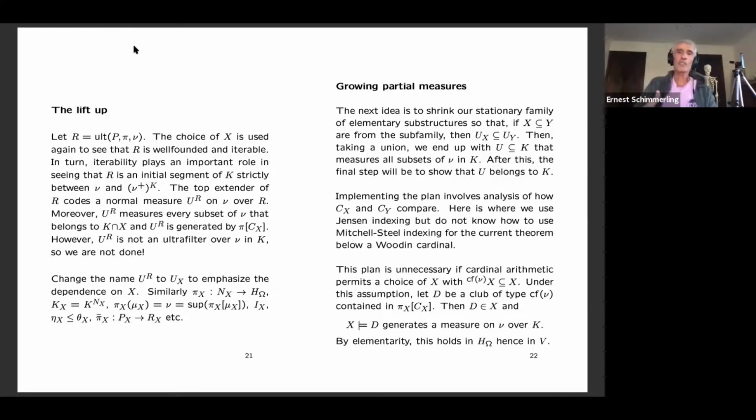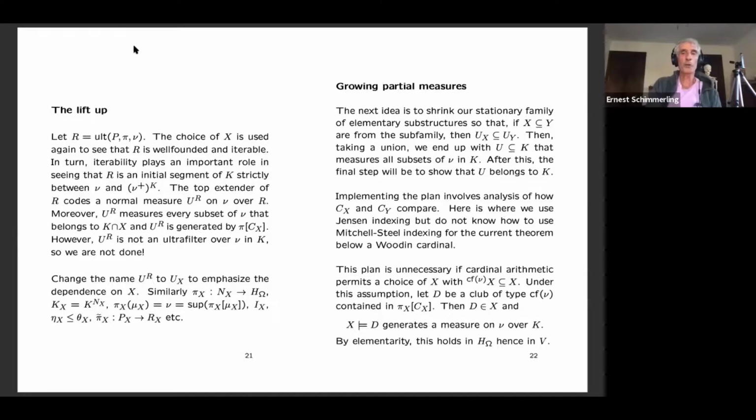And then by choosing bigger and bigger x's and taking a union, we're going to end up with some filter U that measures everything in K, all the subsets of nu that belong to K. And then we still have another step because, sure, this U would witness that nu is a measurable cardinal in K, so long as we're able to show that U belongs to K. And so one more application of iterability, coiteration, etc., lets us argue that U belongs to K, and then finally we're done with the covering theorem, the Dodd-Jensen theorem.